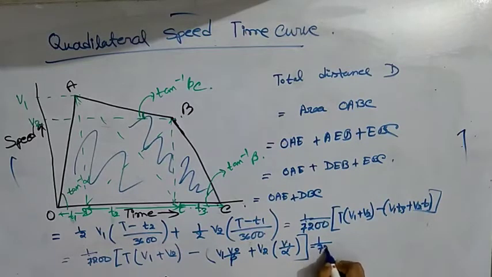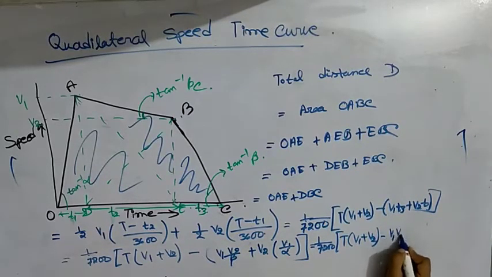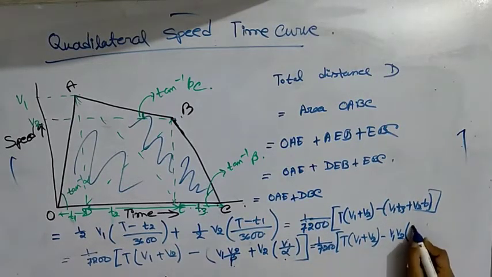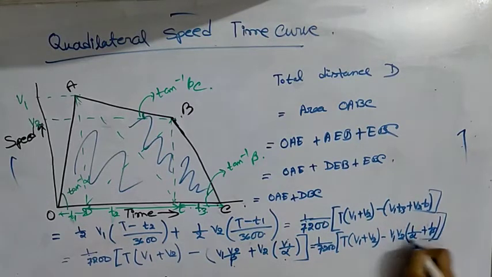So if I take common V1, V2, then it becomes 1 by alpha plus 1 by beta.